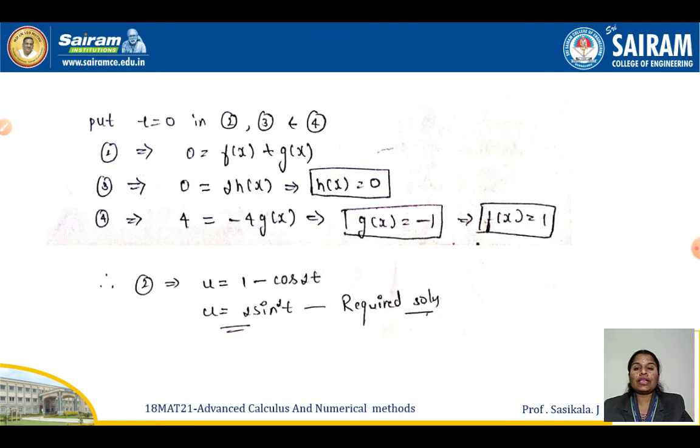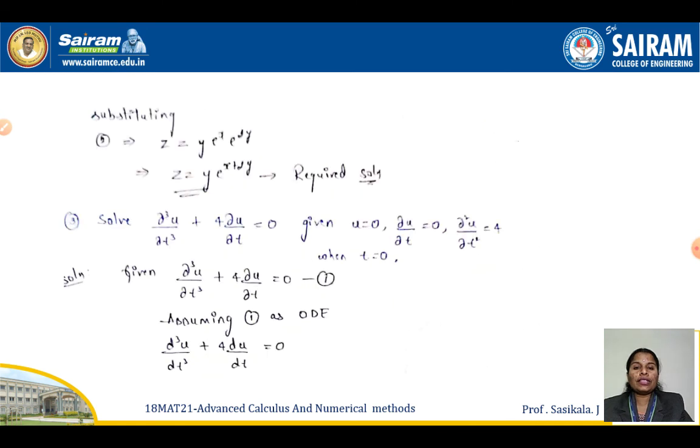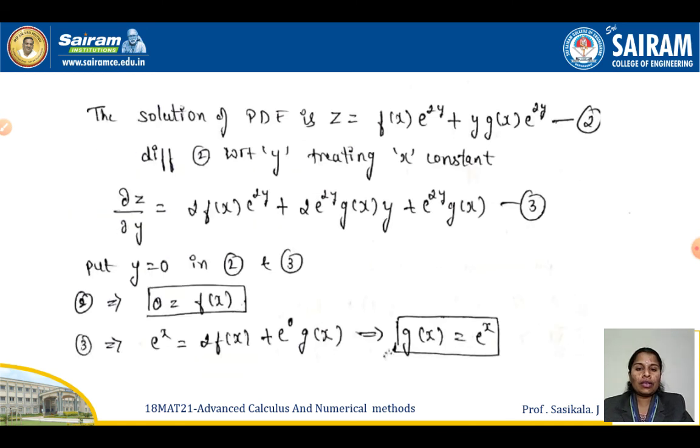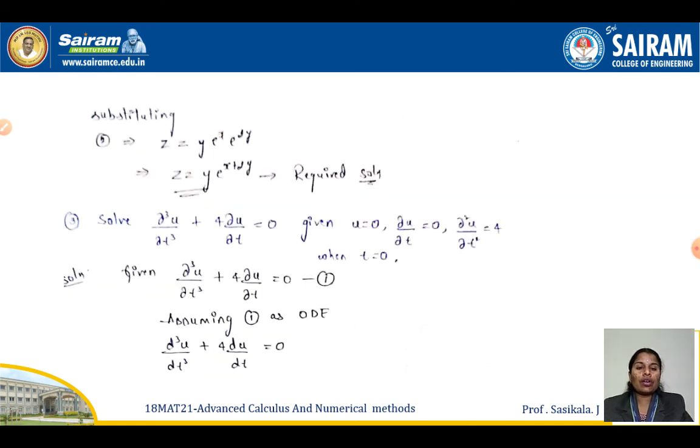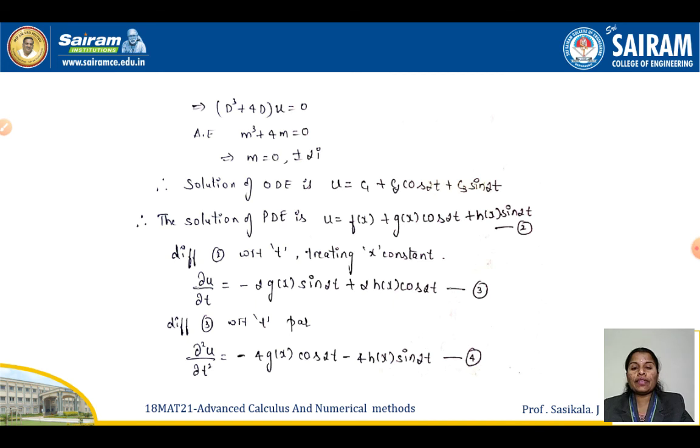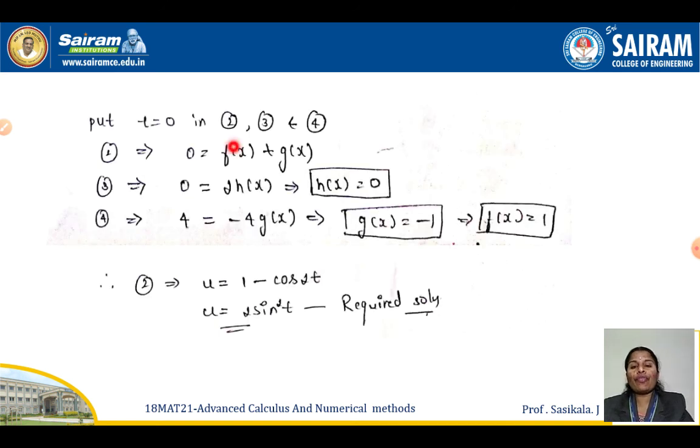Replace the given conditions. When t is equal to 0, I'll get an equation. What is the condition that has been given? When t is equal to 0, u is equal to 0, first order is also 0, but second order will be 4. So replace u equal to 0, t also 0. Cos 0 alone, you will get the g of x function. First one, f of x and g of x.